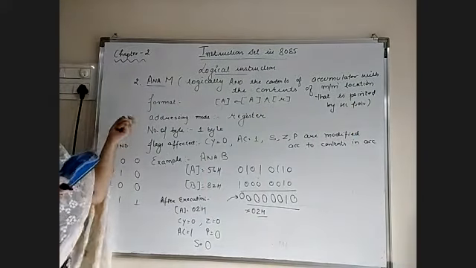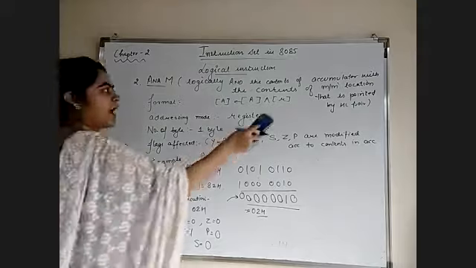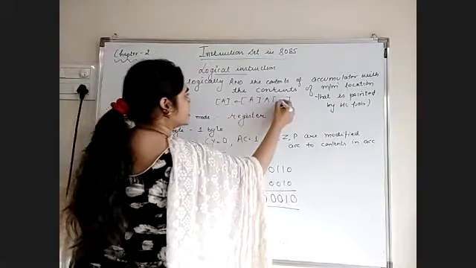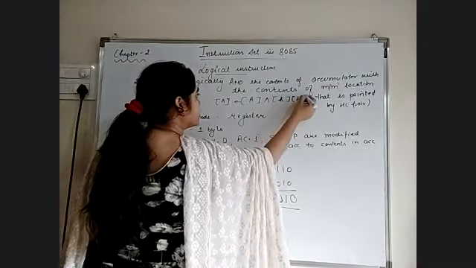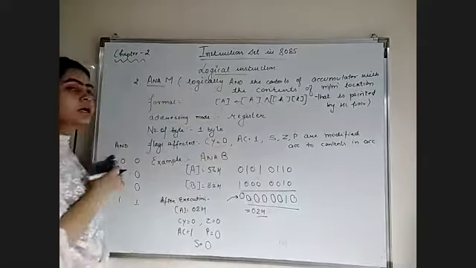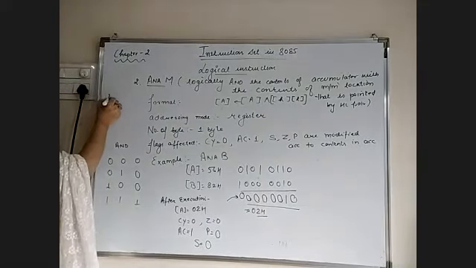Whatever contents we have in the memory location pointed by the HL pair will be logically ANDed with the contents of the accumulator, and the result will be stored in the accumulator again.